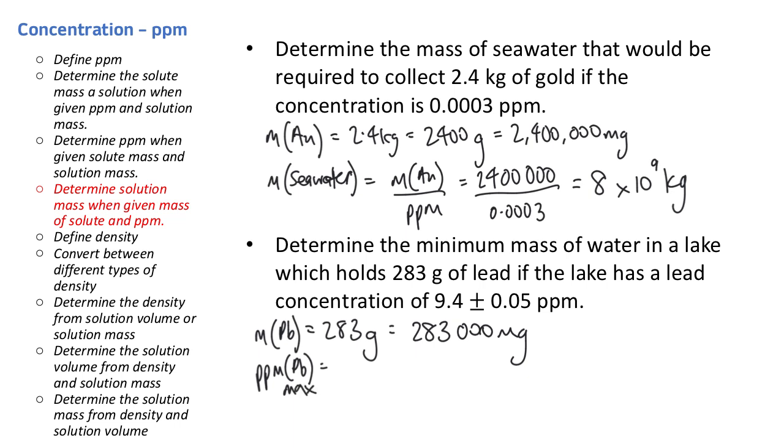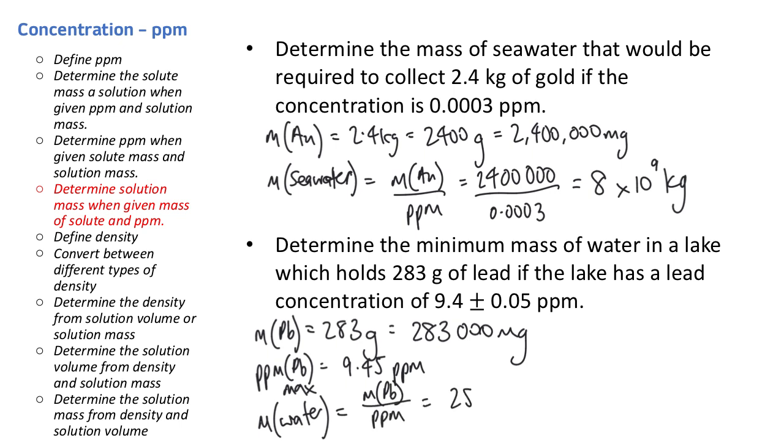max would be 9.45 parts per million. So then from there, the mass of the water that it's all dissolved in would be, again, mass of the part over the parts per million.